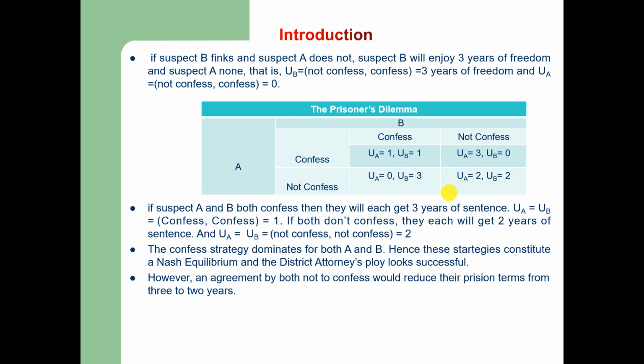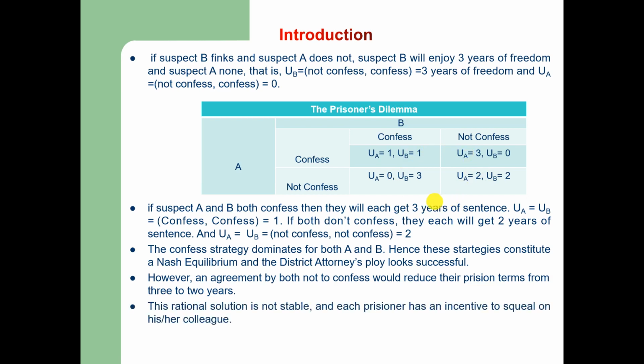That is, if both of them make an agreement and decide that neither of them will confess, then their prison terms will reduce from 3 to 2 years.